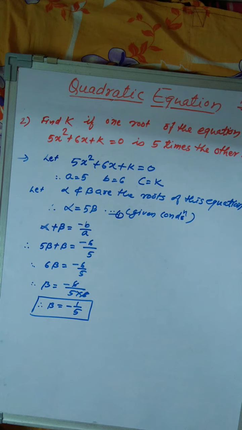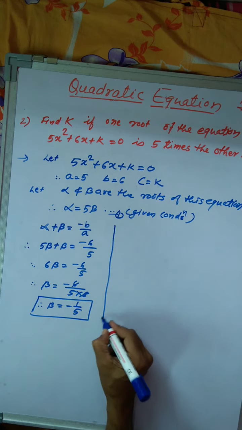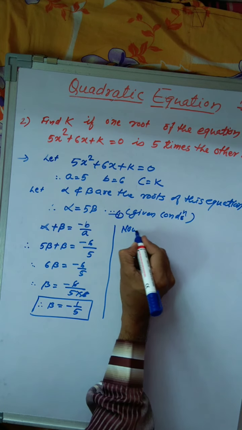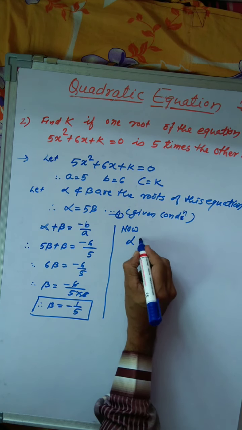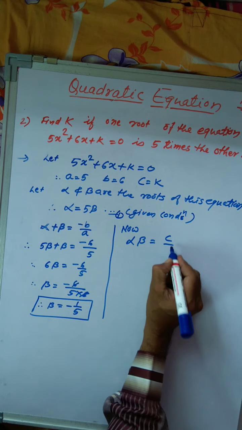Now the second condition, the product alpha into beta is equal to c upon a.